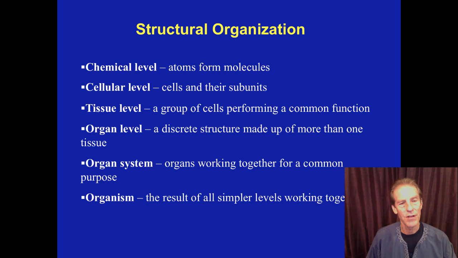At the cellular level, the individual cells, the skin cells, the nerve cells, and their subunits. So at the cellular level, you have the structural anatomy of the cell with the nucleus and the cell wall and the centrioles and the other structures in the cell.